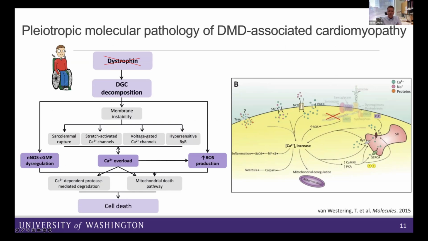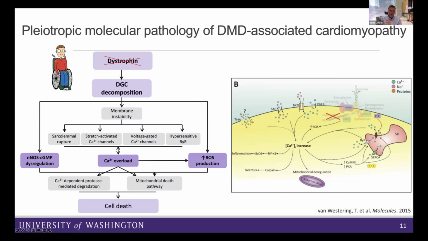Without dystrophin, starting at the top, the DGC does not properly localize to the sarcolemma, which leads to membrane instability, dysregulation of calcium handling, phosphorylation of the ryanodine receptor, elevated resting cytosolic calcium, and impaired calcium reuptake. The increased calcium causes increased reactive oxygen species and mitochondrial damage. The dysregulation of nitric oxide signaling further exacerbates this aberrant calcium handling and mitochondrial dysfunction.